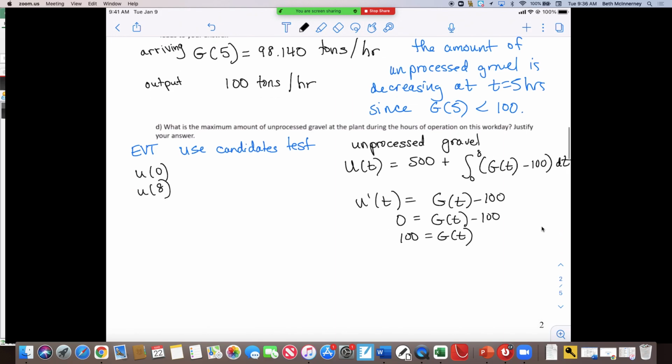Did anybody get the t value yet? For the relative maximum? I got 4.923.